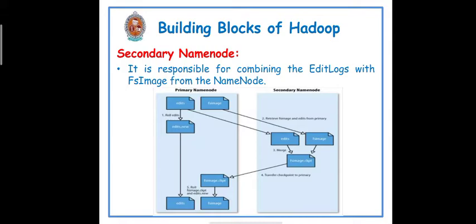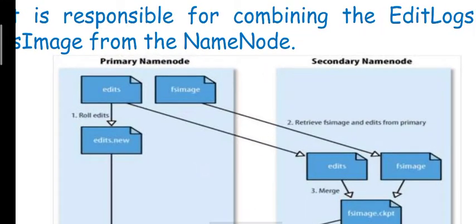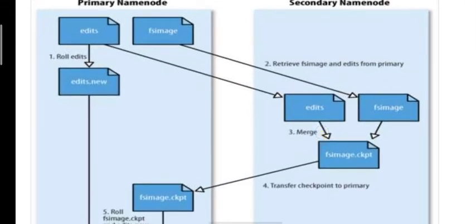Look at this diagram. It first downloads the FS image and edit logs from the name node. Then it merges the edit logs with the FS image periodically. Then the secondary name node stores the modified FS image into persistent storage.